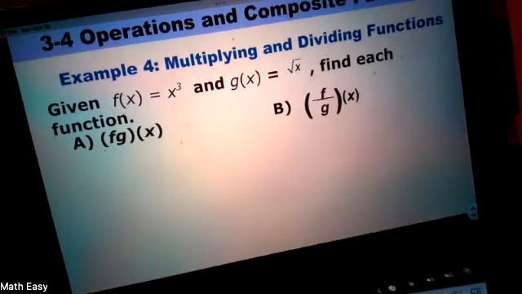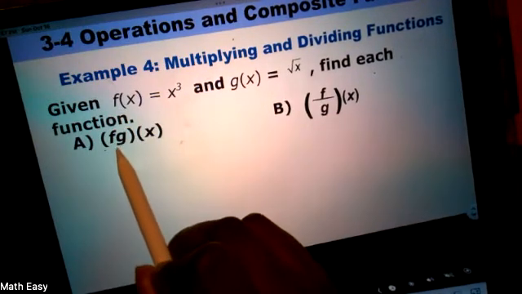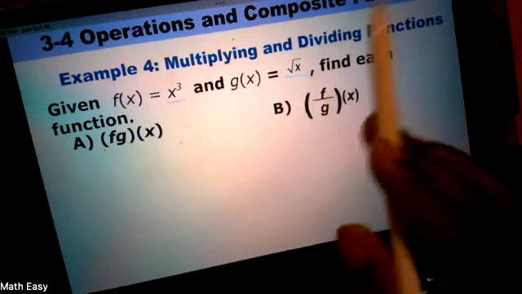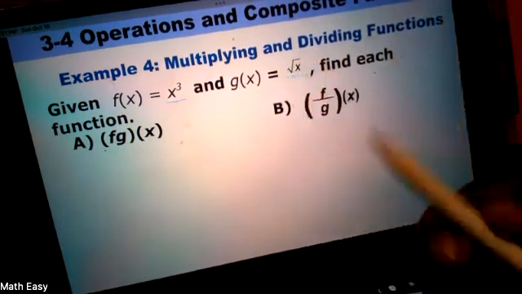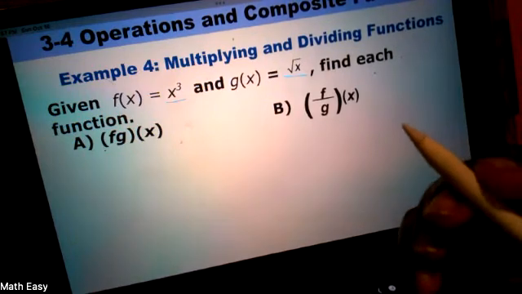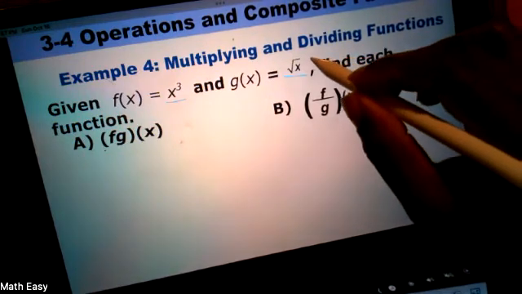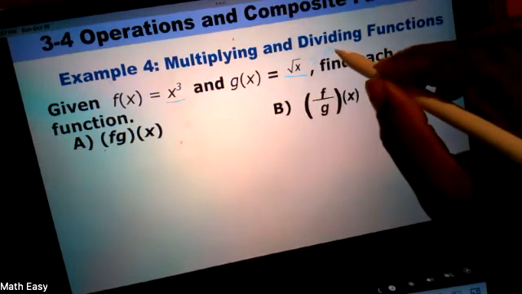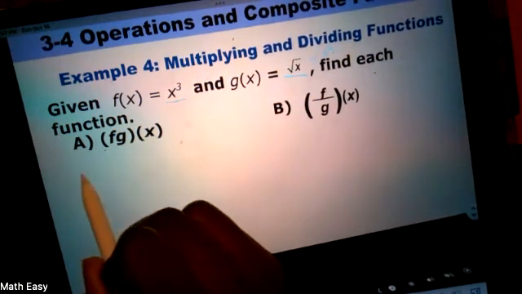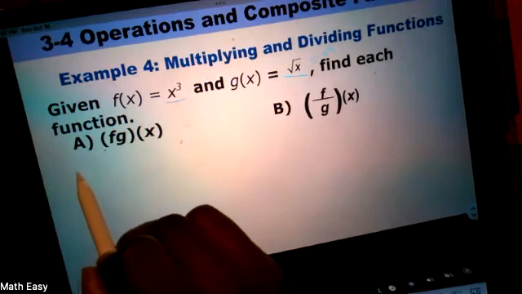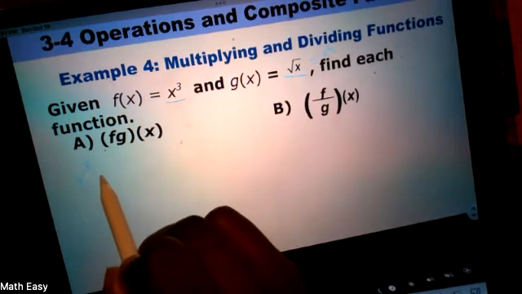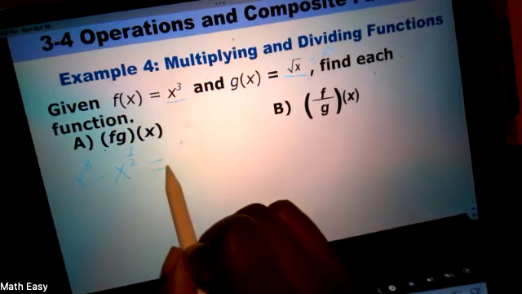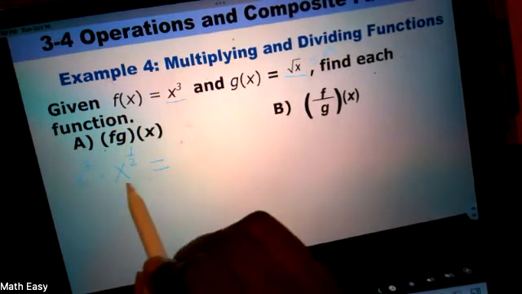We have these two. F g of x. That's f, that is g. Now, we can rewrite g of x as an exponent. That will be x raised to the power of half. All right, so if we have f, which is x cubed, we're going to multiply it by x raised to the power of a half. We're multiplying, we have the same base.